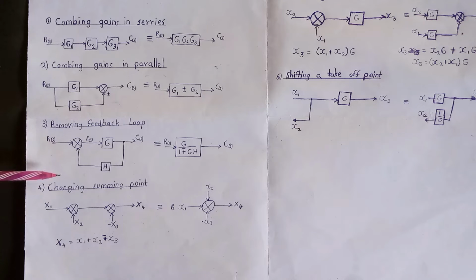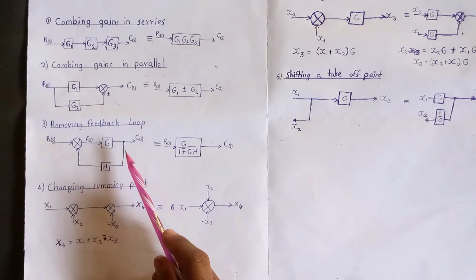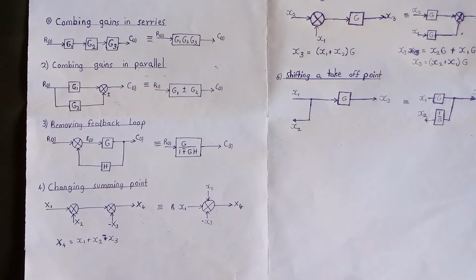The difference between a feedback loop and gains in parallel is basically the direction of the arrows. For our gains in parallel, the arrows are always in a forward direction, but in a feedback loop, this arrow over here, which forms the feedback loop, is said to be a feedback because the arrow is pointing in the reverse direction.